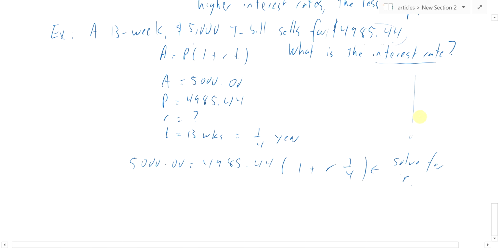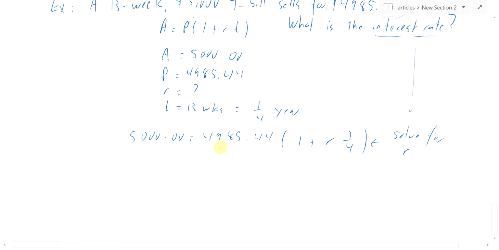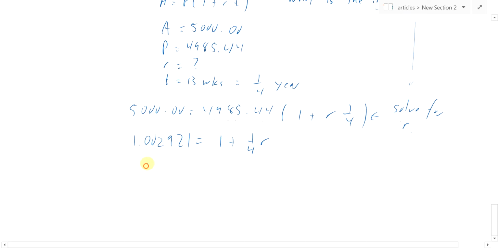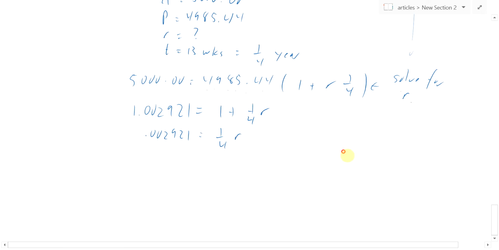We're looking for R. So divide both sides by 4,985.44 to get rid of this coefficient, and that will give us 1.002921 equals 1 plus 1/4 of R. Subtract a 1 from both sides, and then multiply by 4.